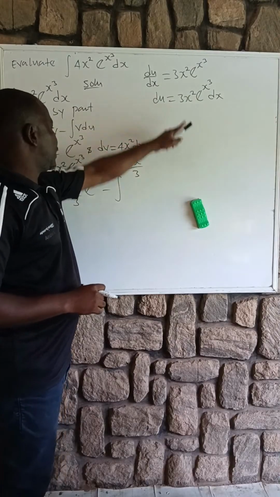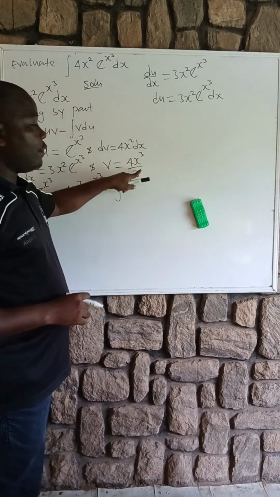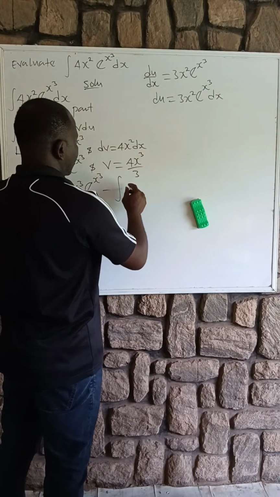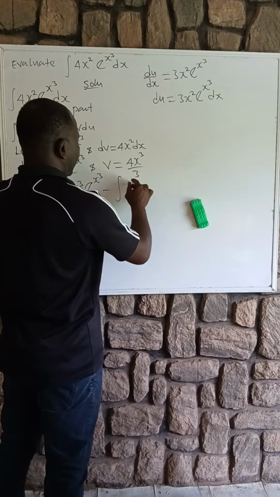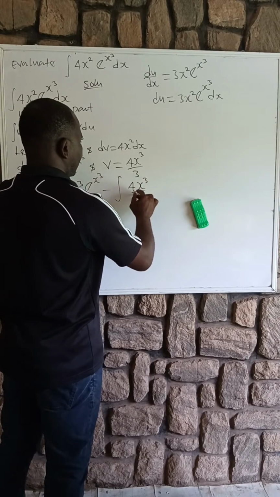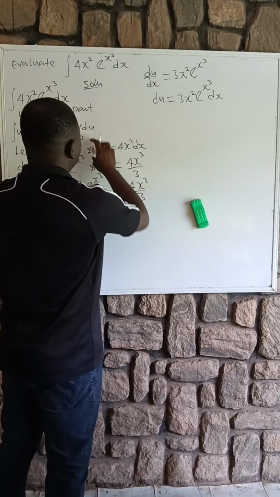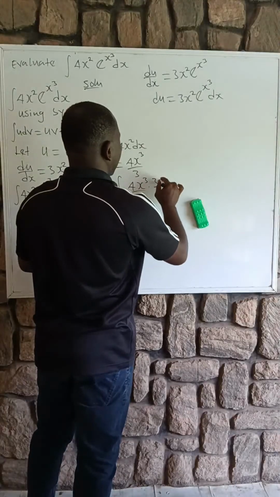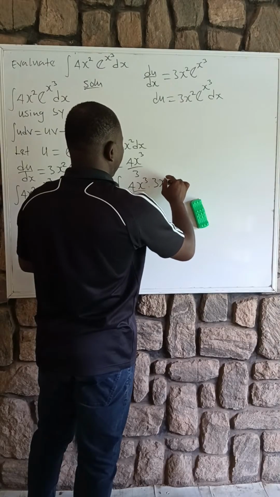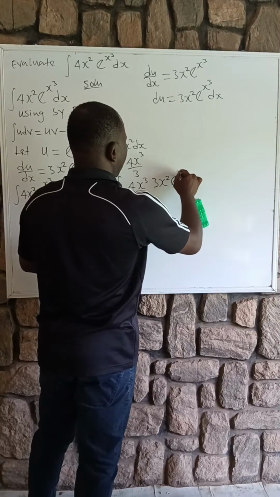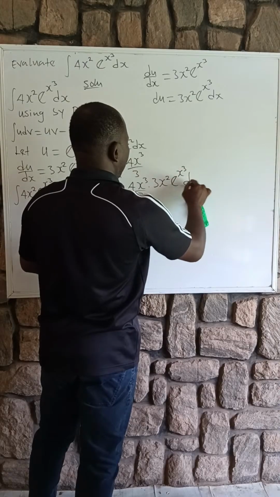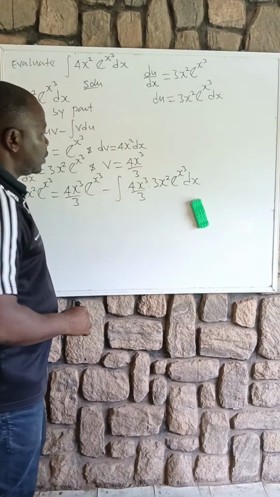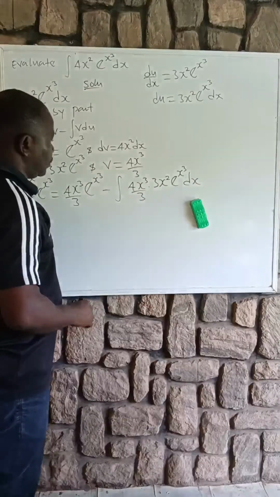So here, our du is this, then ordinary v is this. So let's first write this. 4x raised to the power 3 all over 3 times du, which is 3x raised to the power of 2 exponential x raised to the power of 3 dx, right? You agree with me, right?